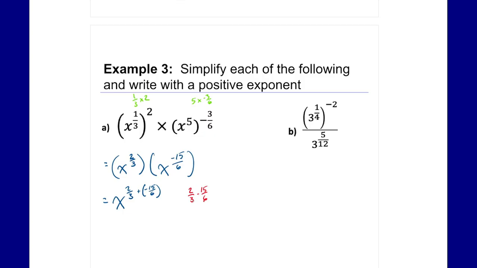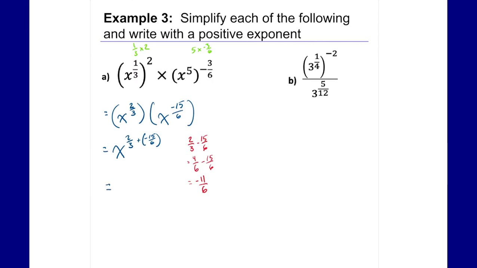I'm going to change the first fraction because we want to have a common denominator. So 2/3 is the same thing as 4 over 6, minus 15 over 6, and when we subtract, we only subtract the numerators, so we get negative 11 over 6. So now our simplified power is x to the power of negative 11 over 6.